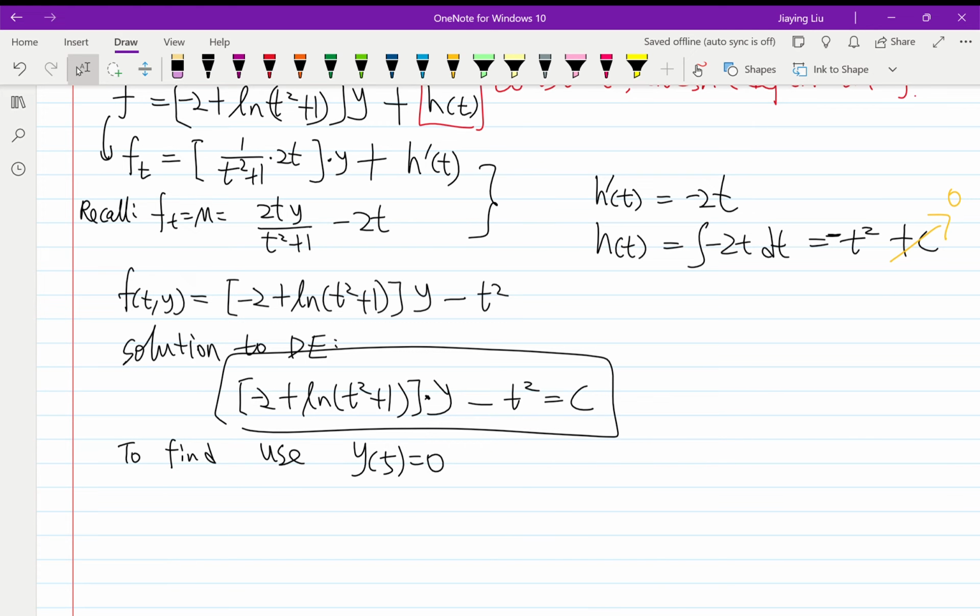So if we plug in 0 for y and 5 for t, we get (-2 + ln(5² + 1)) times 0 minus 5² equals c. It's obvious that this bracket, whatever that is, don't worry about natural log of 26, we don't know what that is, it doesn't matter. That times 0 is going to be 0. So we get c equals minus 25.